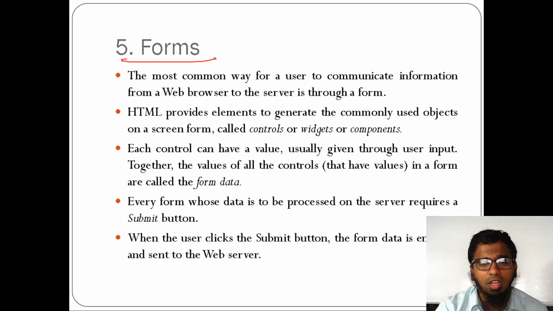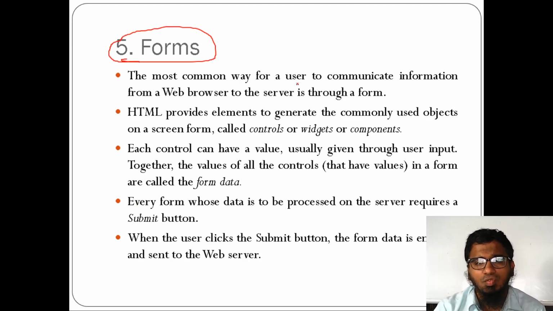Now the first is form. The most common way for a user to communicate information from a web browser to the server is through a form. The main important, most common way to communicate, like if you have a problem, contact us form.